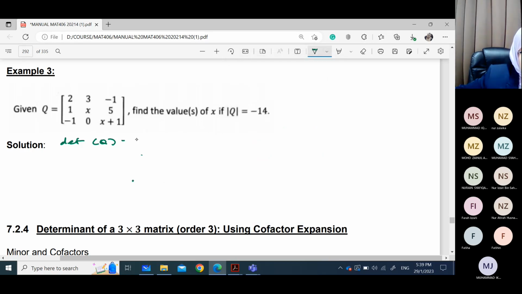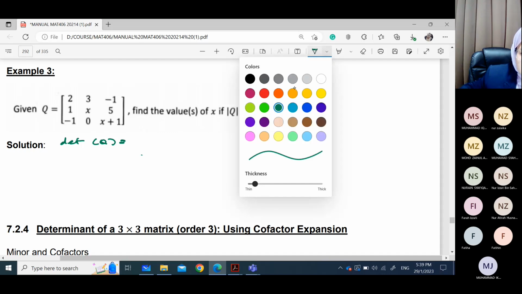Determinant Q, kadang tulisan ni okey, kadang tak okey. Okay, try cari X.